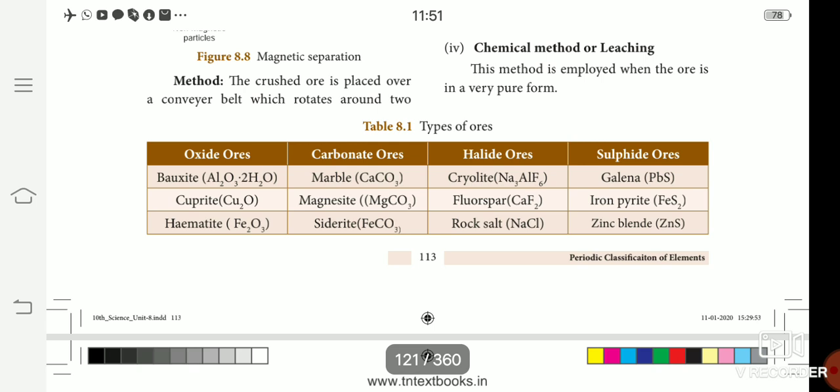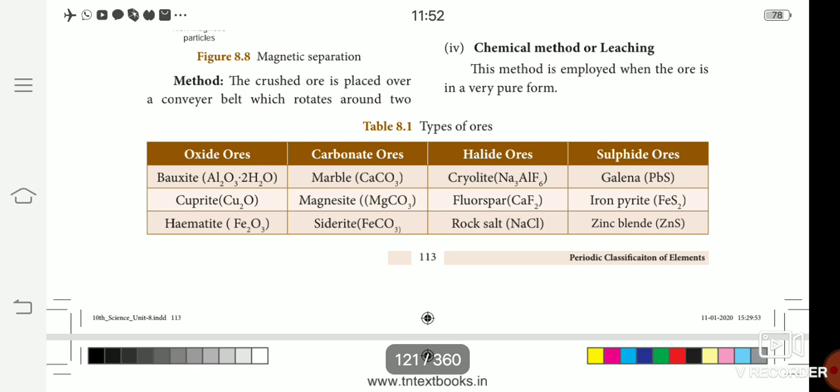For example, aluminium is available mostly in the earth's crust in many kinds of minerals, but extracting aluminium from bauxite gives economic benefit while other minerals give a loss. So all ores are minerals, but all minerals are not ores.